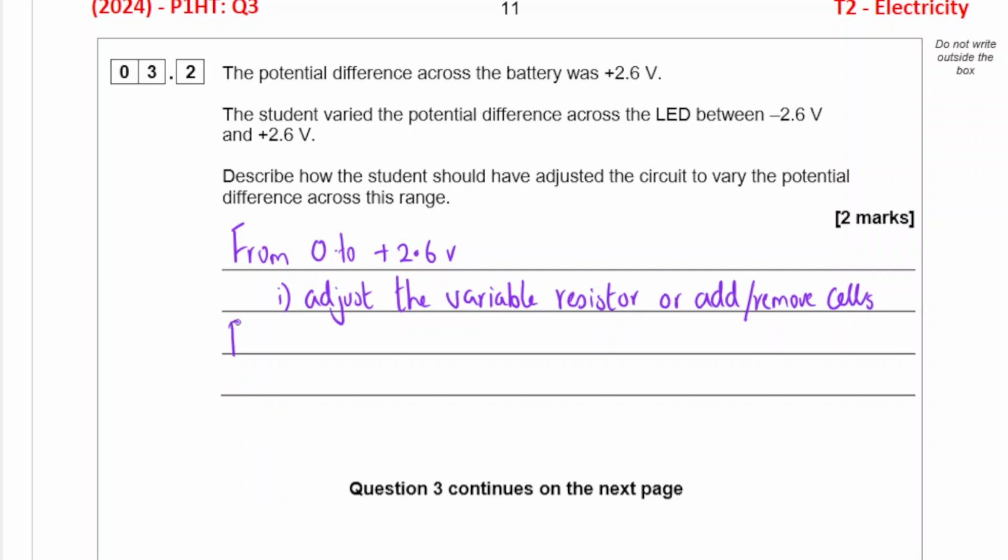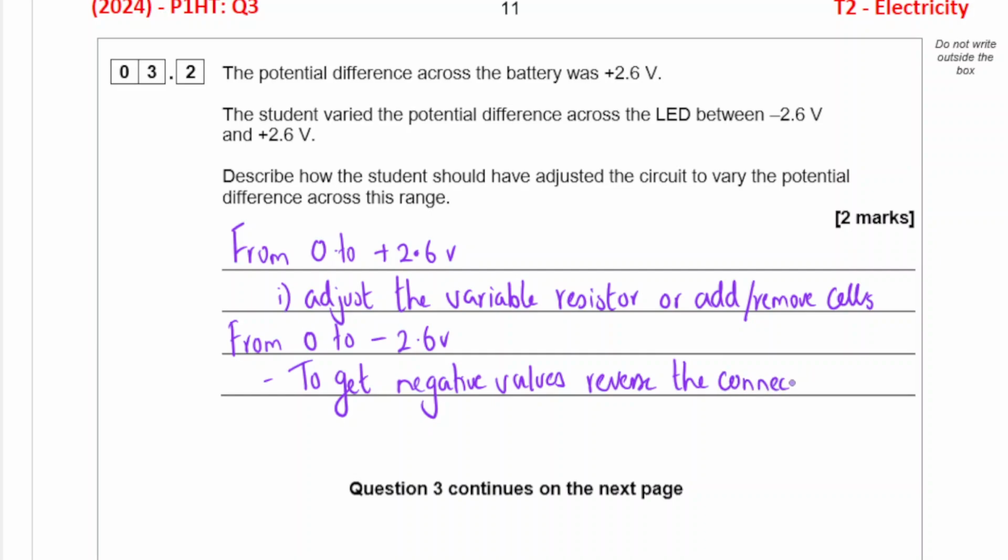Now from 0 to minus values, to get negative values, reverse the connections to the LED or the battery.